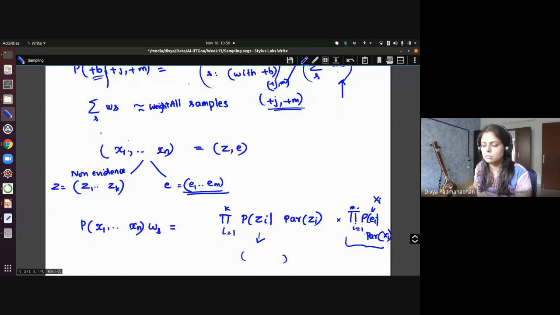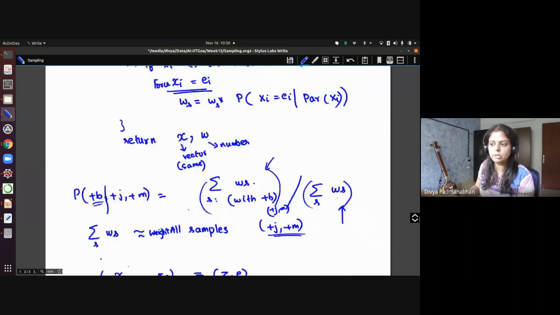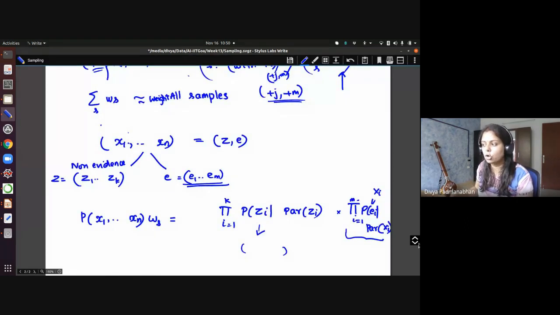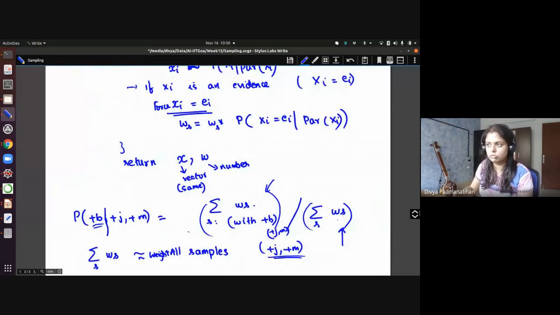When you multiply the samples with the weight, the overall estimate will be fine. The samples you draw are not exactly from the correct distribution, but in the final query you account for the difference between what you generated and what you wanted.